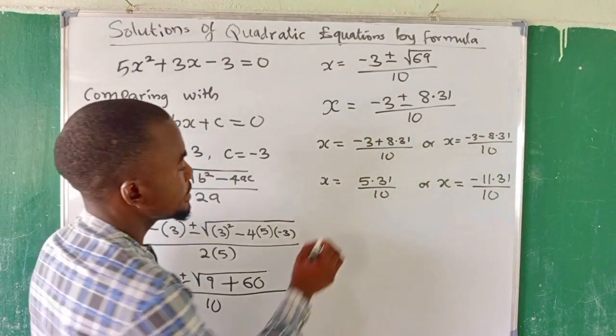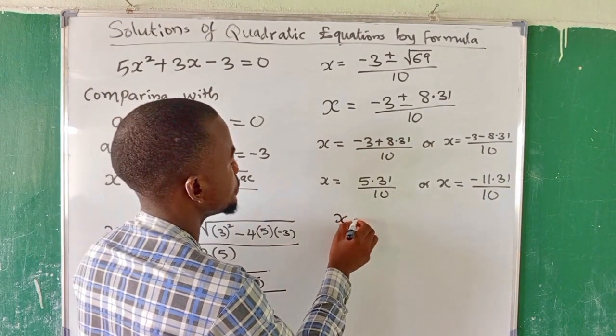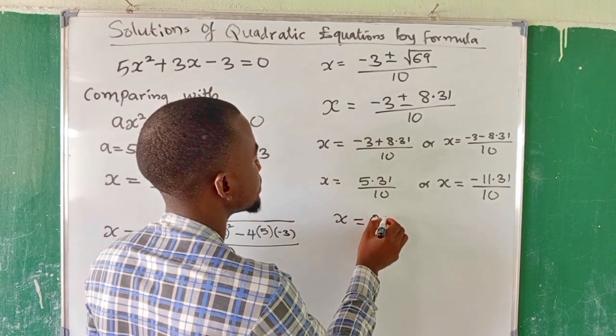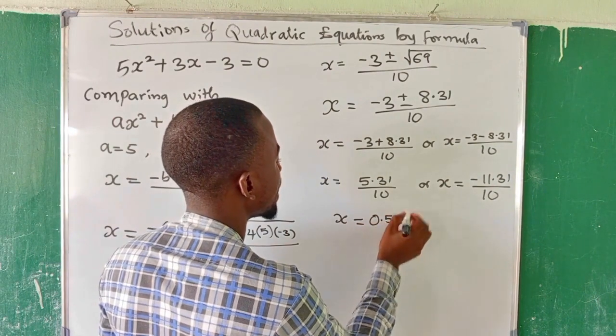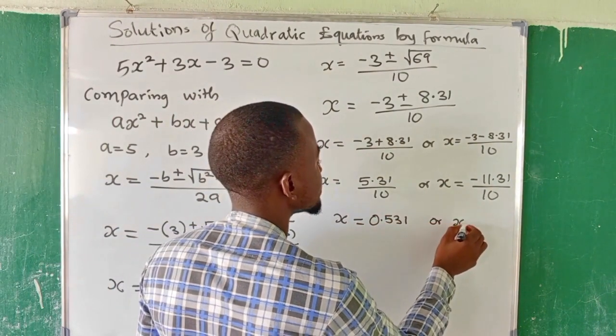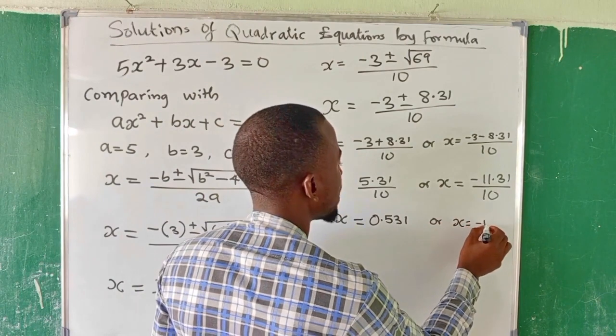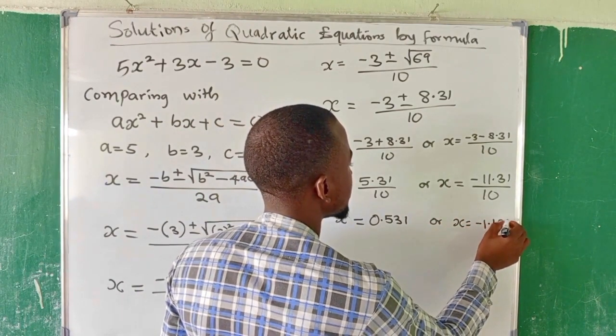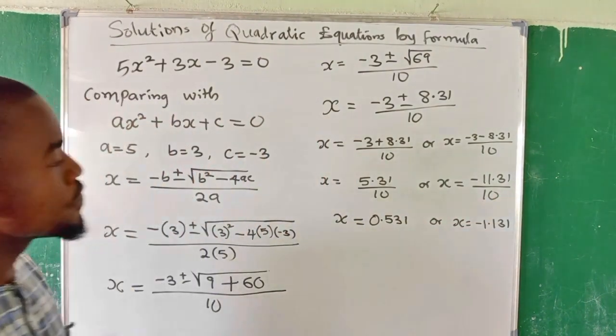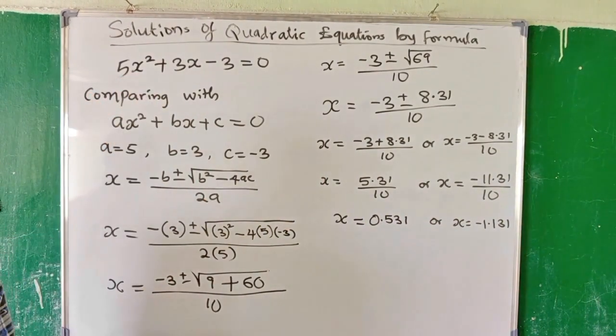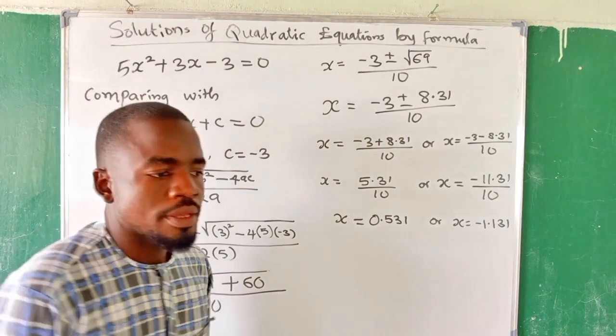So if we divide this, we have x is equal to 0.531 or x is equal to minus 1.131. Now these are the roots of the equation 5x squared plus 3x minus 3 equals 0.